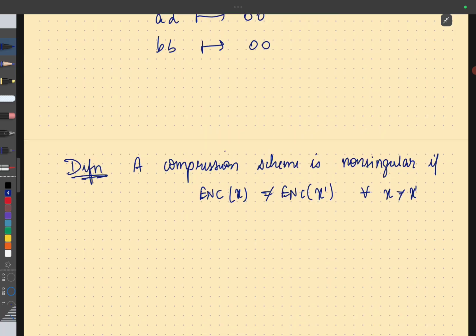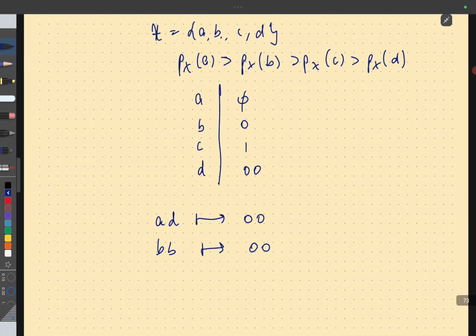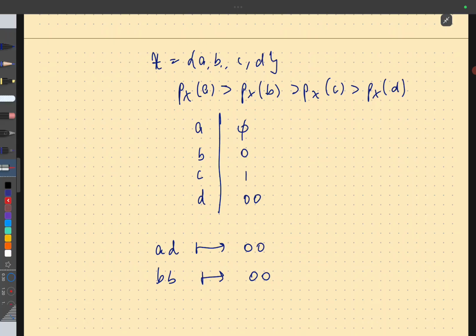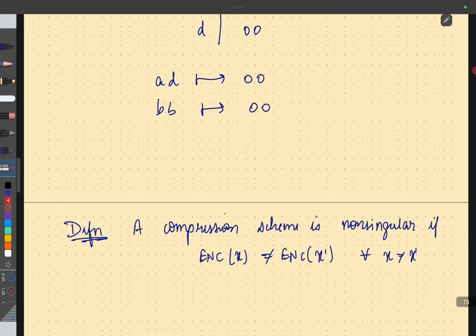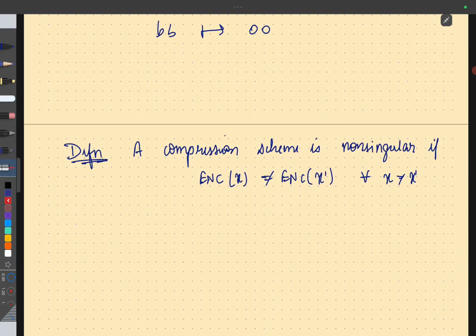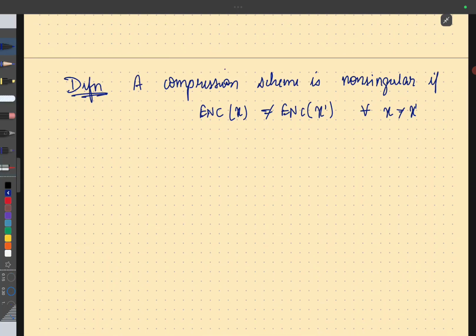Okay, this is what it means to be non-singular. And clearly, the optimal compression scheme is a non-singular compression scheme. But it's just that when I concatenate code words together, I don't get a non-singular scheme anymore. So we'll define that as well.